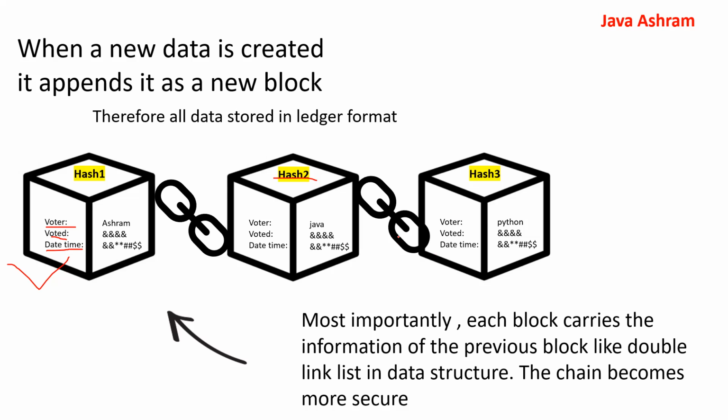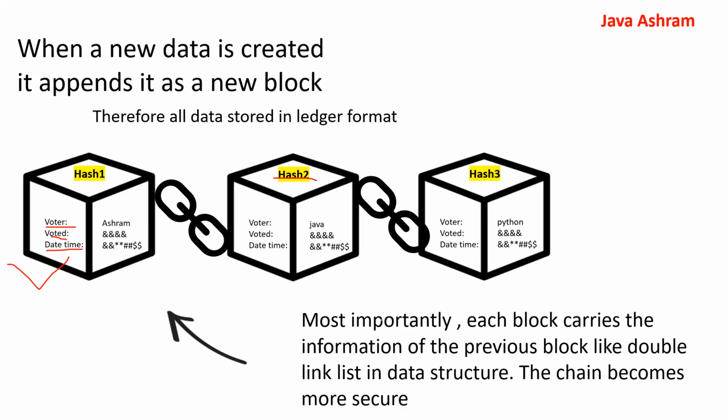If you notice, each block is carrying the information of the previous block, like a doubly linked list in a data structure. So this is becoming more secure. If you are trying to modify this, you will have to modify this hash also, and this block also. This is not, by the way, getting stored in one computer or one network.